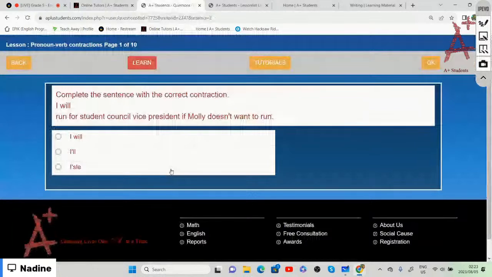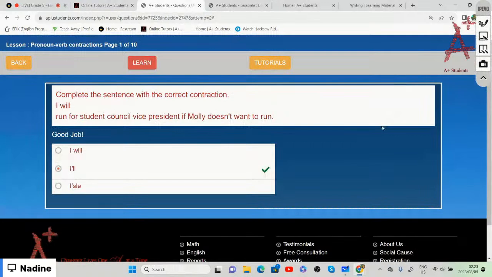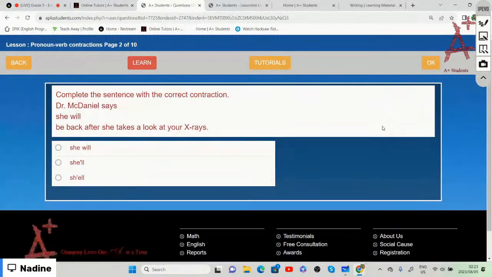So you need to find the correct contraction within that sentence. So I will is I'll, right? Yes, so I'll. Dr. Daniel says she will be back after she takes a look at your x-rays. She will, so we will say she'll.